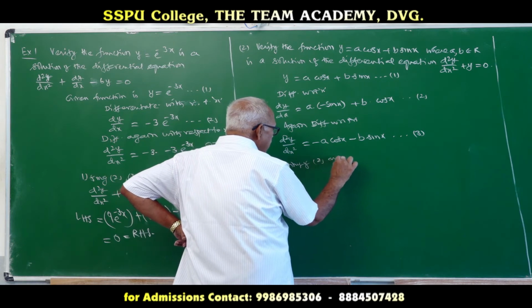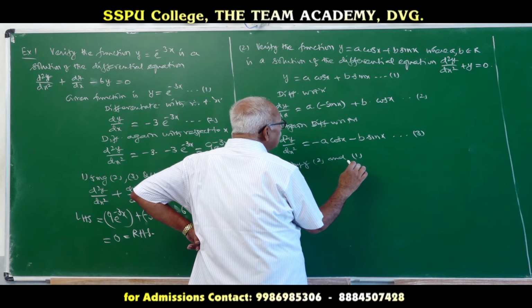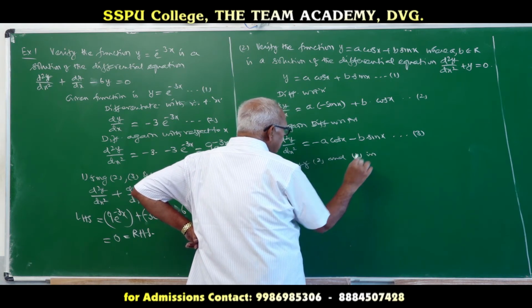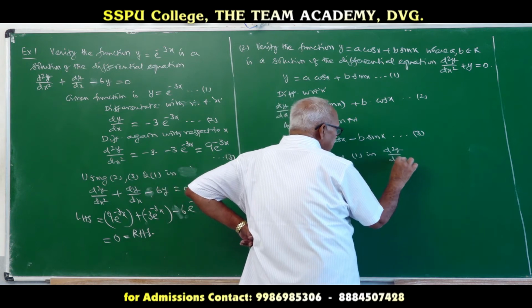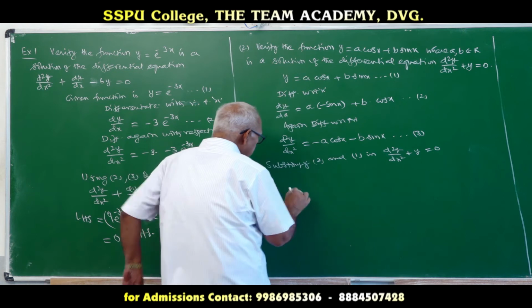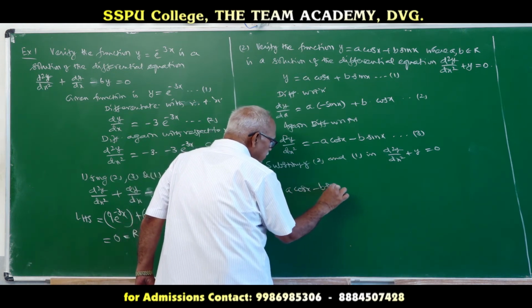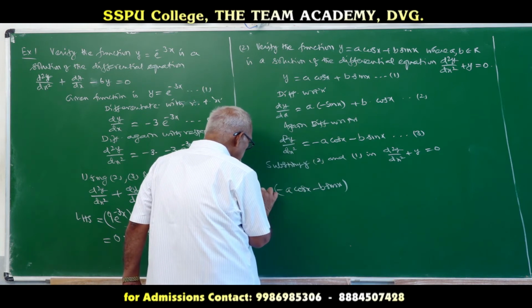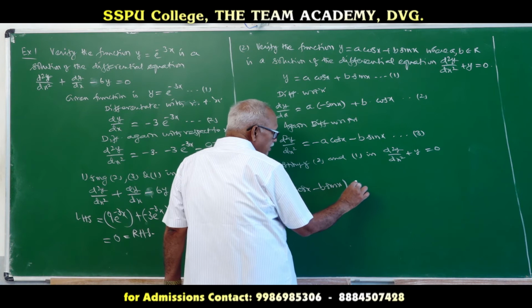Now, substituting 2 and 1 in d square y by dx square plus y is equal to 0. What is d square y by dx square? Minus a cos x minus b sin x. This is the LHS, d square y by dx square plus y.